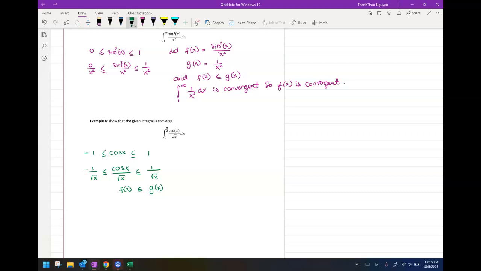So then I know that 1 over square root of x converges in the interval 0 to pi over 2. So then f of x is also convergent in the same interval.